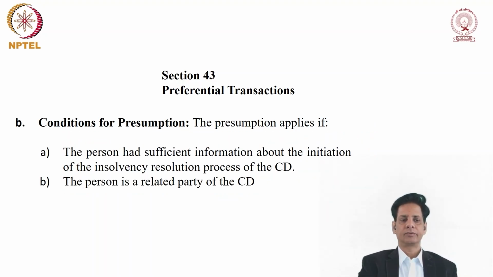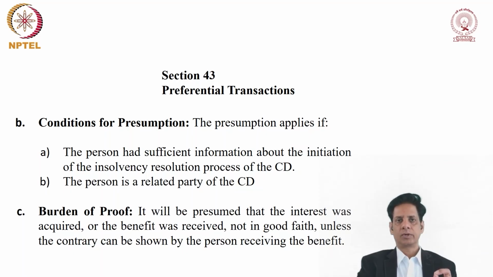Conditions for presumption, we are now covering part B of those conditions. The presumption applies if the person had sufficient information about the initiation of CIRP or the person is a related party of the CD. Only in these cases we will presume that there is a preference given to a certain party.